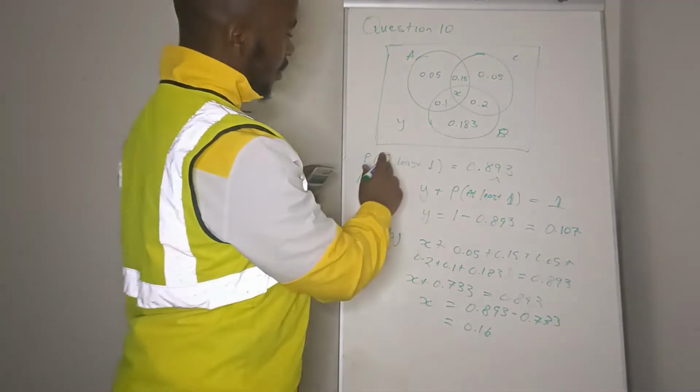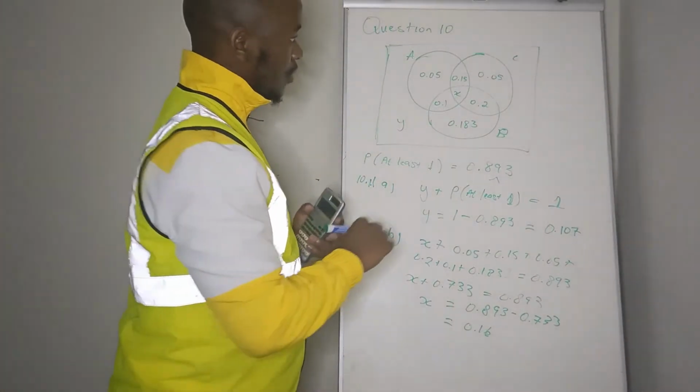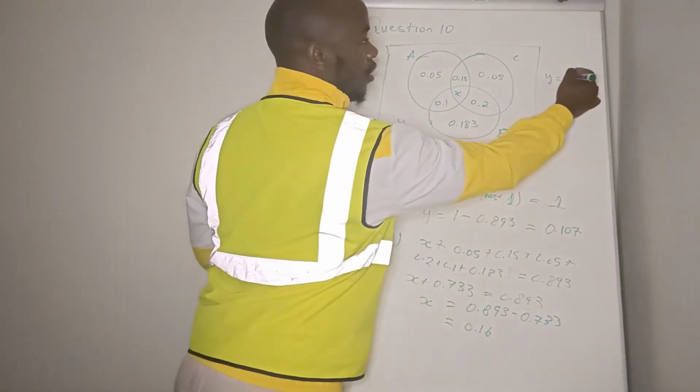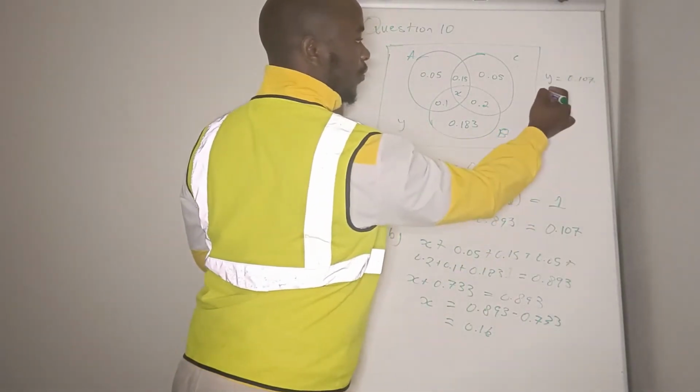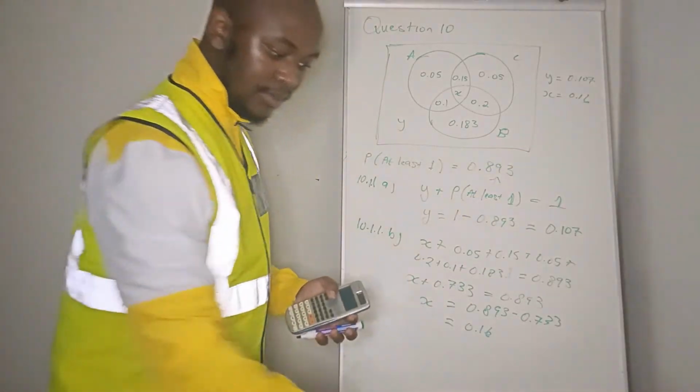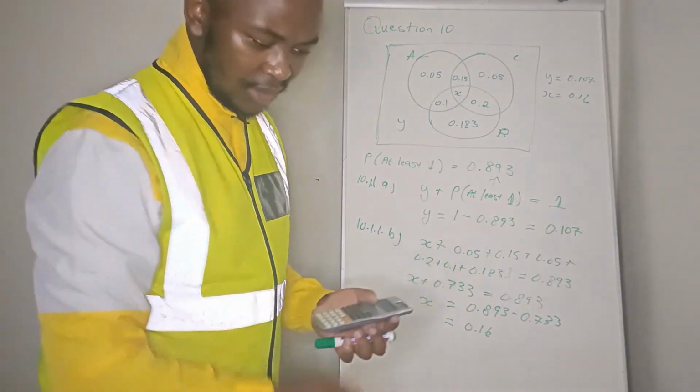So we already know the value of Y, so I'm just going to write this here: Y is 0.107 and X is 0.16. So we're going to move over to the next question now.